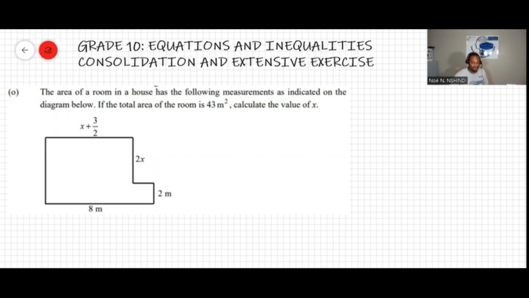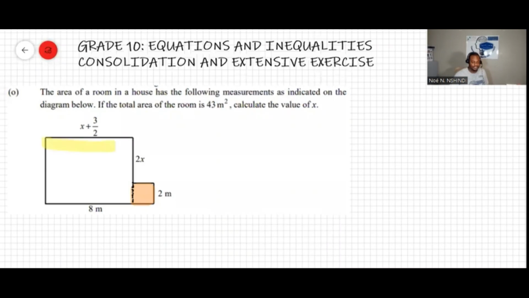Over here, for instance, I can see that we can break it into this area, and we also have this other area. Now we have two regular shapes.